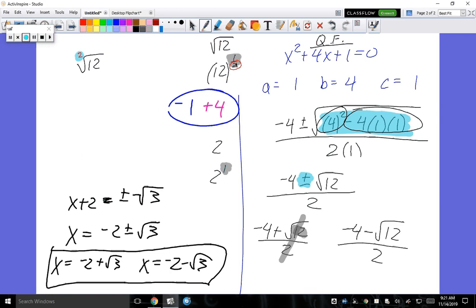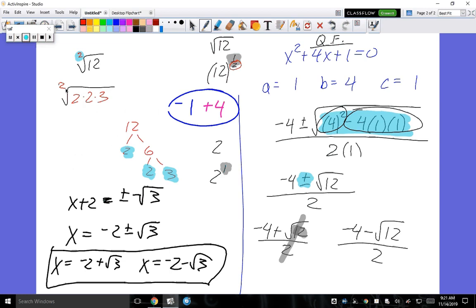Now watch. This 2 means I can break this down into factors and pull them out in pairs. So 12 can break up as 2 and 6. 6 can break up as 2 and 3. These are the lowest prime numbers that I can go. So 12 is the same as that, because 2 times 2 times 3 is 12.